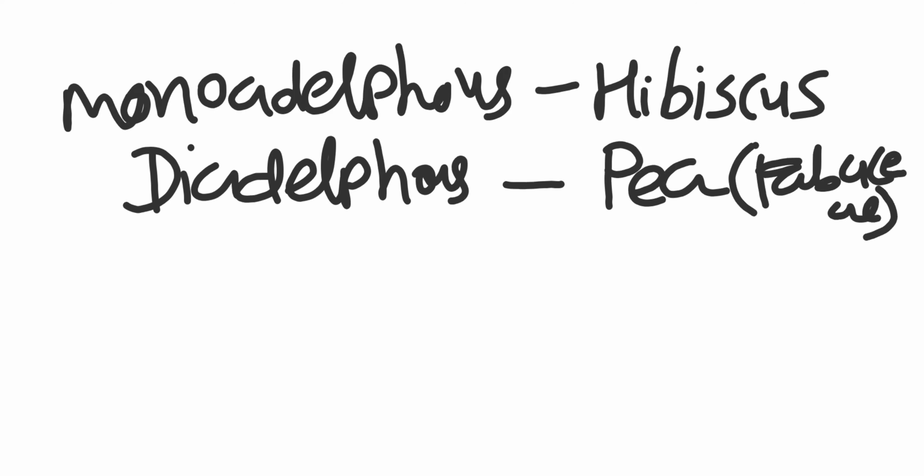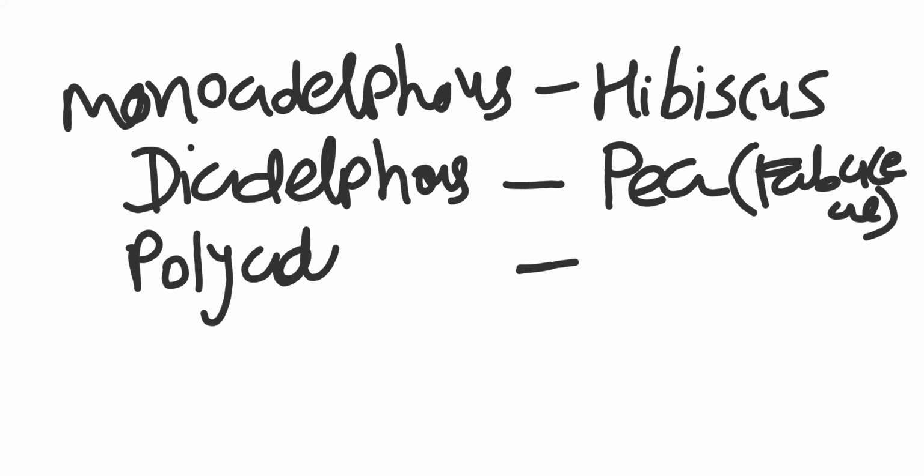Take any plant of pulses. In that you can get this type of flower in which diadelphous conditions are there. Then, if more than 2 bundles of stamens, we call it, yes, polyadelphous. Example, citrus.